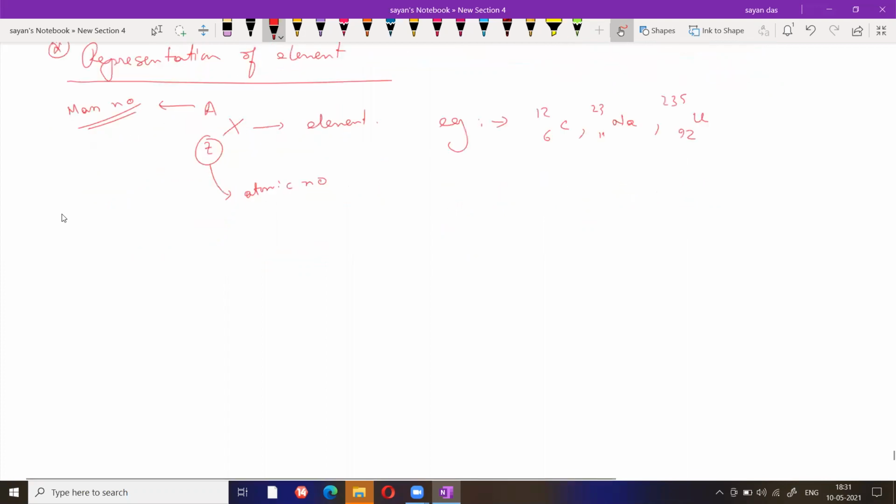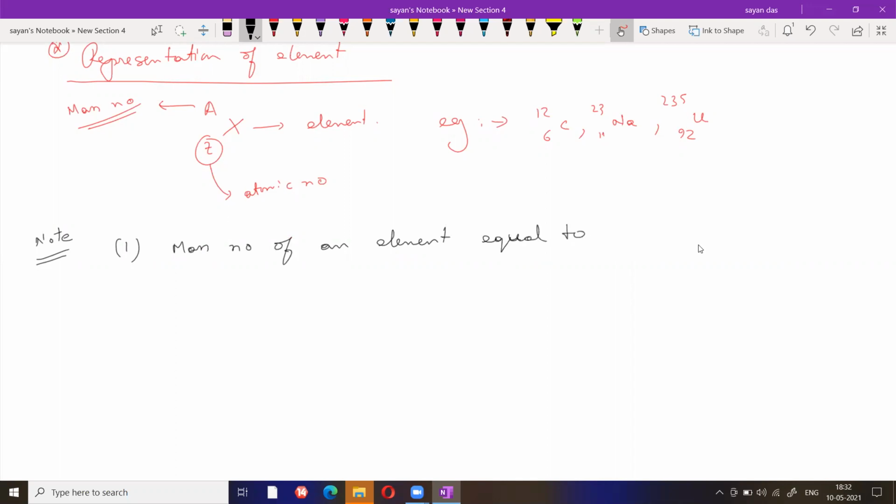Just write two notes, which are basically the difference between atomic mass and mass number. First, the mass number of an element is not equal to the atomic mass of the element.